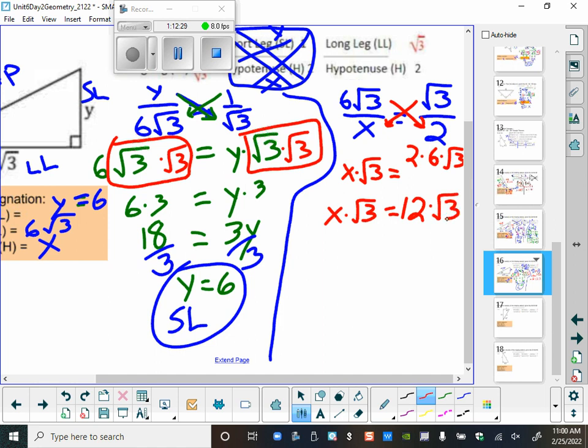Now, this might be the one time where I'm going to tell you, you may not have to do this multiply by square root of 3 business. Here is why. Take your calculators. Type in square root of 3.